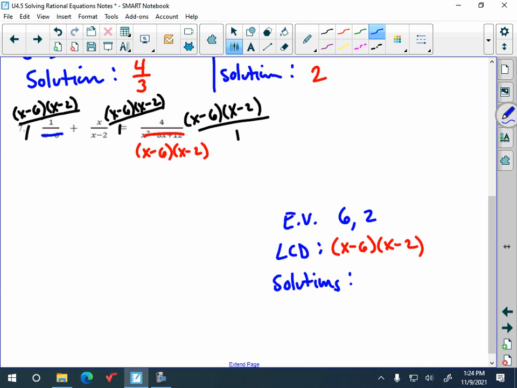So the x minus 6 cancels with x minus 6. 1 times x minus 2 is x minus 2. The x minus 2 will cancel with x minus 2. I'm going to distribute the x in, so that's x squared minus 6x equals. X minus 6 and x minus 2 both cancel out, and you just have 4.